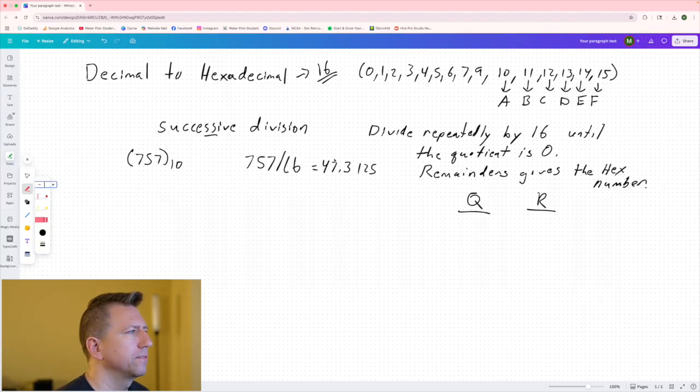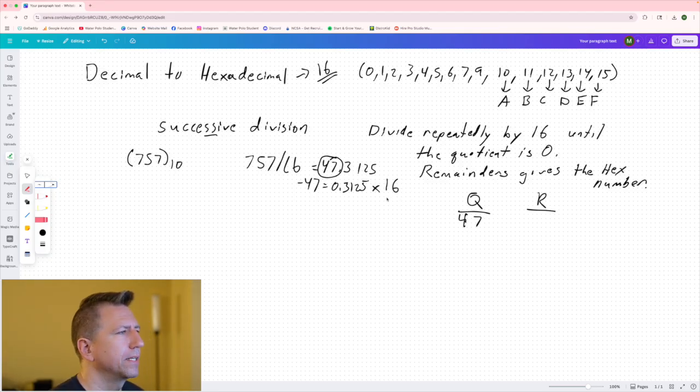And the way we do that, so first we have 47 as our quotient, and to convert the 0.3125 into a remainder, we take that part, so we take away 47, giving us 0.3125, and you don't have to do that step, you can just read the decimal part off, and then we multiply that by 16, because we divided by 16, so 0.3125 of 16 gives us an integer, and that integer is 5. So our first remainder is 5.